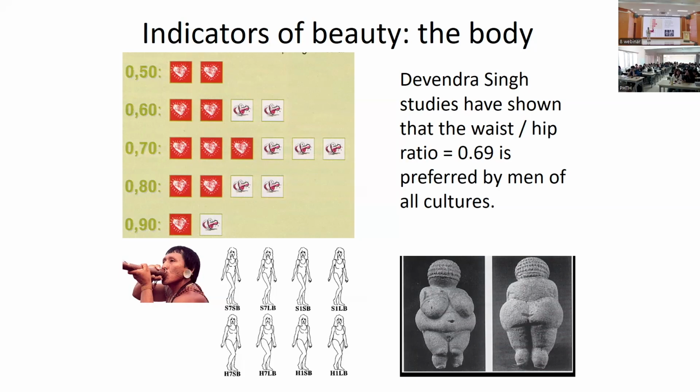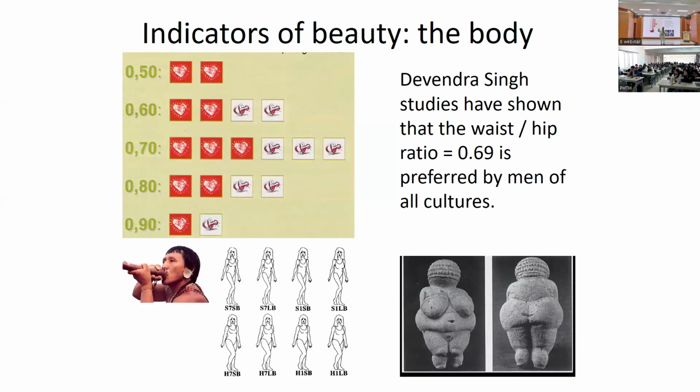And they said the ratio 0.69 is the most sexy, exactly as the judges of Miss America and Miss Universe have done in the last 70 years.